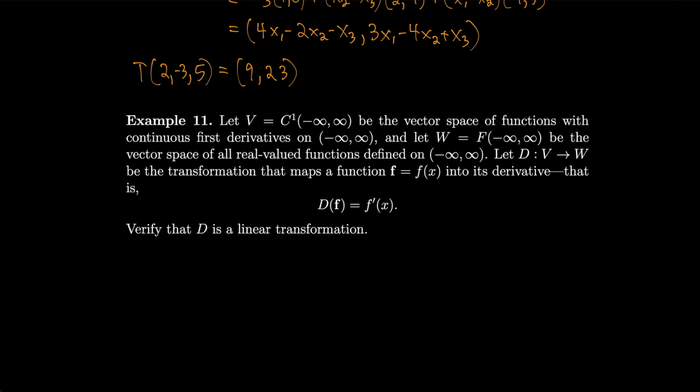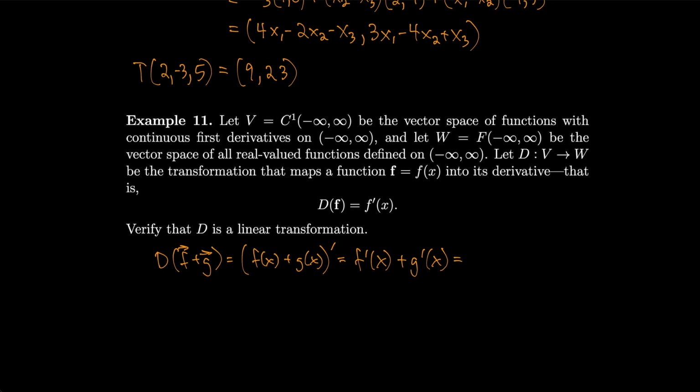Let's start with D of f plus g for two functions f and g. So that'll just be the derivative of f of x plus g of x, right? But derivatives are linear, right? We can take the derivative of a sum as the sum of the derivatives, so that's just f prime of x plus g prime of x.